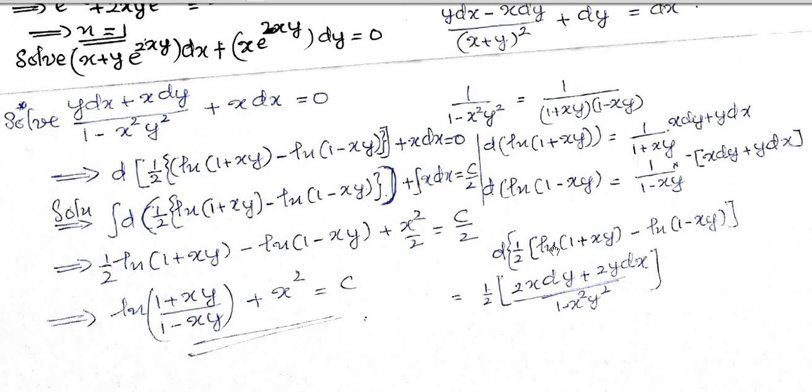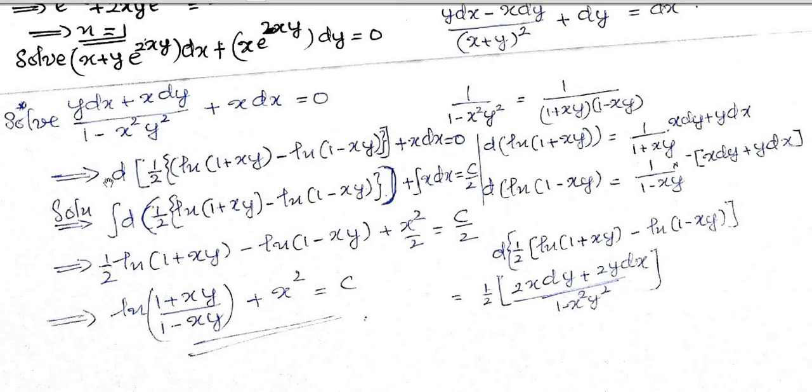So this means half of d of this one minus half of d of this one. We already found that if you apply this and take the LCM, you will get half of (2x dy plus 2y dx) divided by (1 minus x² y²). The 2 gets cancelled, and we get this term. Thus I wrote here d of half of [ln of (1 plus xy) minus ln of (1 minus xy)] plus this x dx equal to 0.